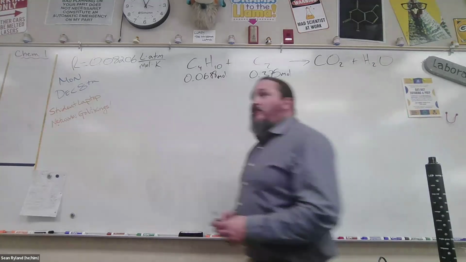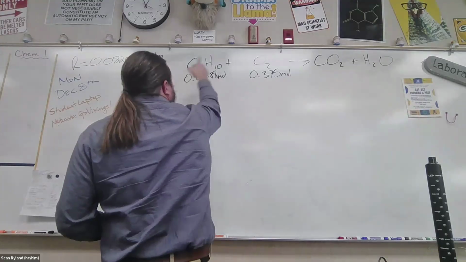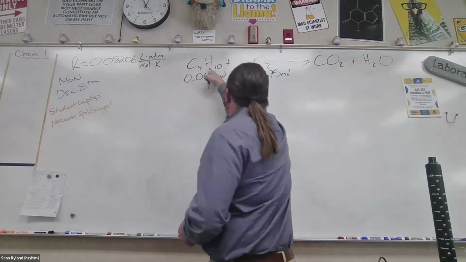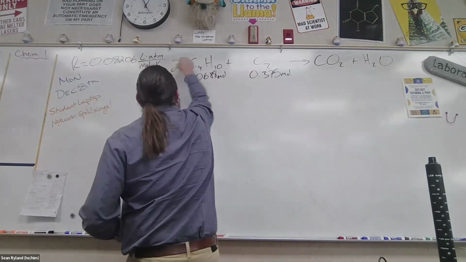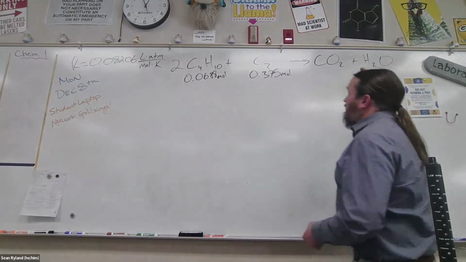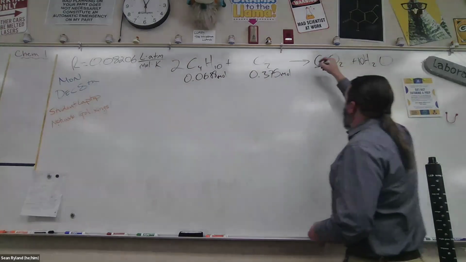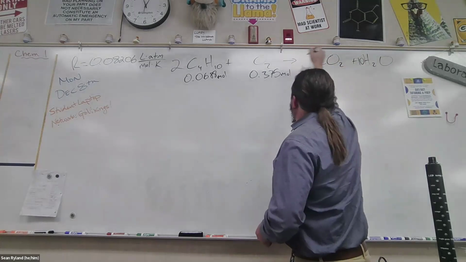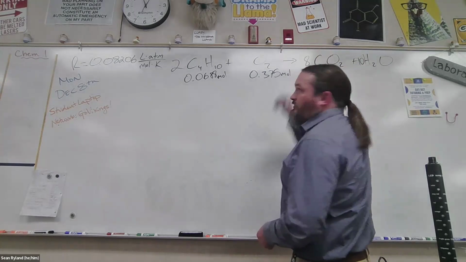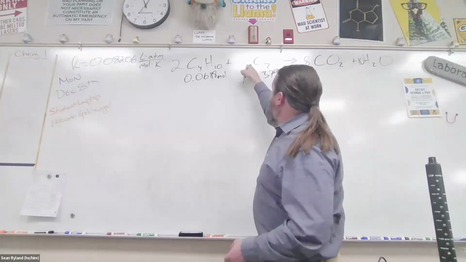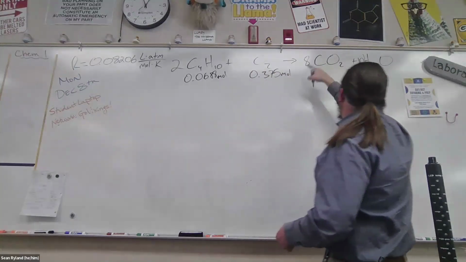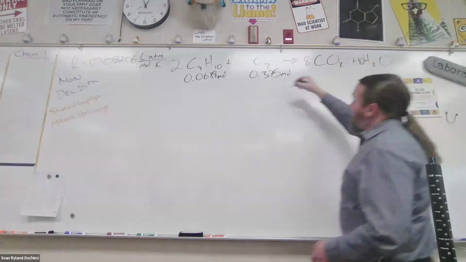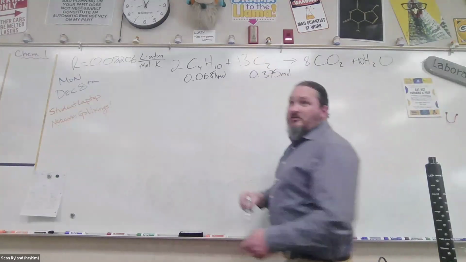We have to balance it before we can do anything, though, right? That's going to give me an odd number of H2Os, which isn't going to work. So we're going to put a 2 there. That means we're going to get 10 waters and 8 CO2s, right? And then we have to get our oxygens based on that. 8 oxygens plus 5 oxygens. So 13.